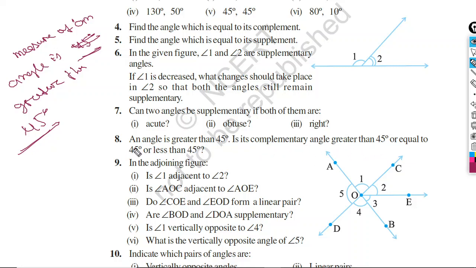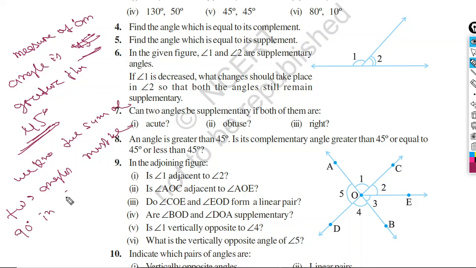Okay, so if the measure of the angle is 45 degrees, then the complementary angle, let's check. We know the sum of two angles must be 90 degrees in complementary angles.